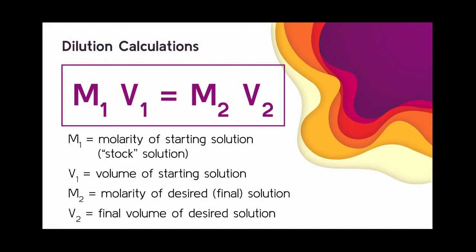V1 is the volume of the starting solution that we are going to need to make our diluted solution. M2 is the molarity of our desired or final solution. And V2 is the final volume of our desired solution, so how much of that final solution we want at the end.